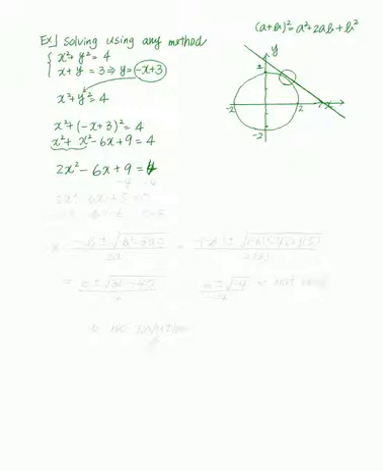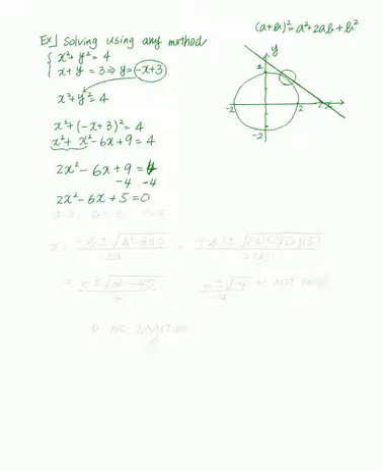Sorry, that's a 4 there. It's a quadratic, so I'm going to move the 4 over. And I end up with 2x squared minus 6x plus 5 equals 0.